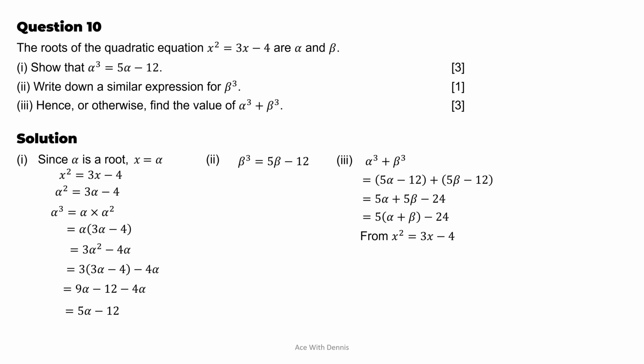And from the equation, x squared equals 3x minus 4, x squared minus 3x plus 4 equals 0. A is 1, B is negative 3, and C is 4. So the sum of the roots alpha plus beta is negative b over a, which is 3. Hence, we go back to our equation alpha cubed plus beta cubed. It is 5 times 3 minus 24, which gives us negative 9.